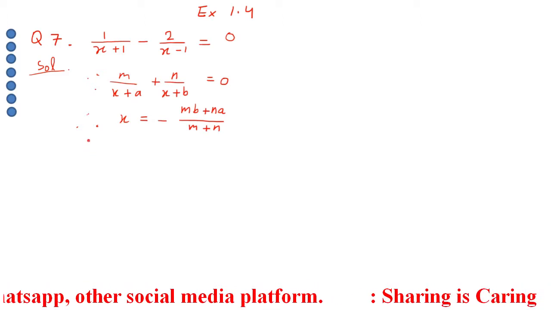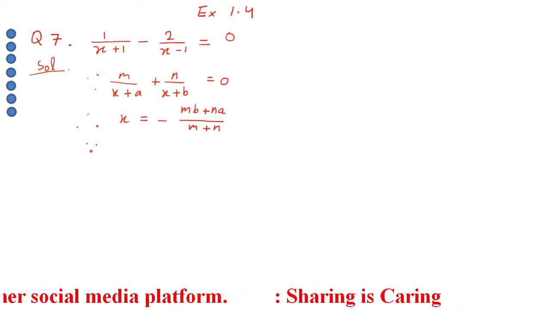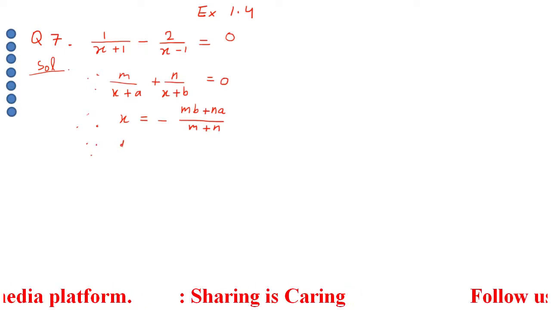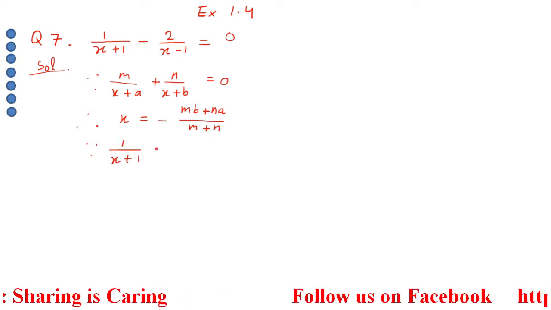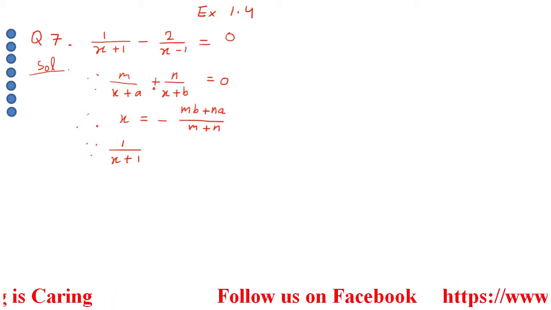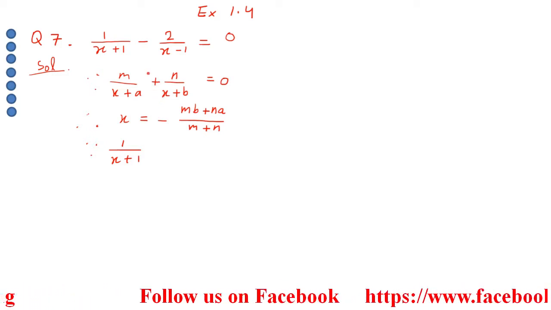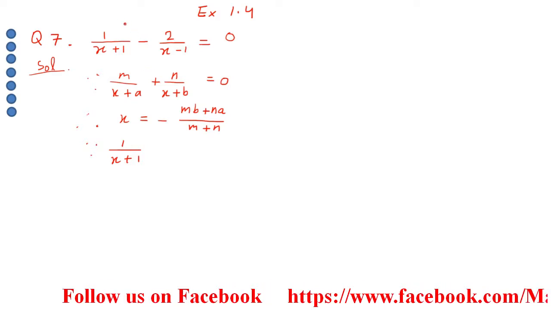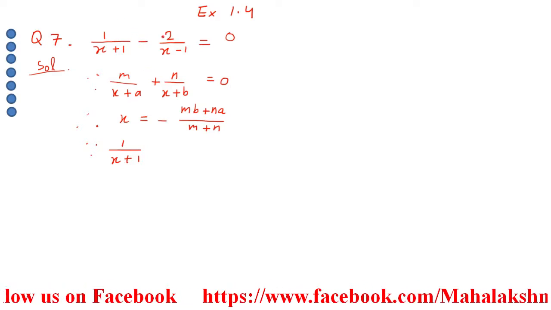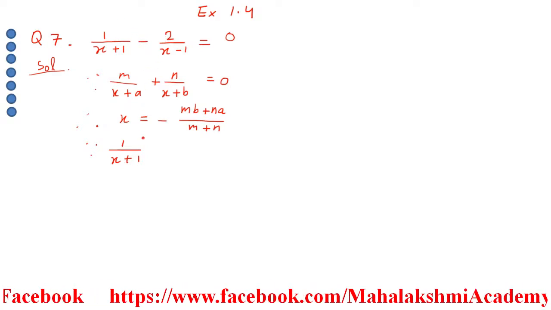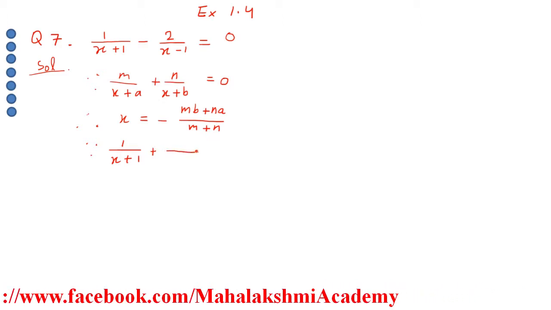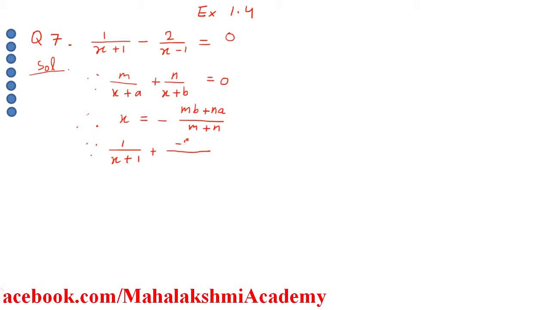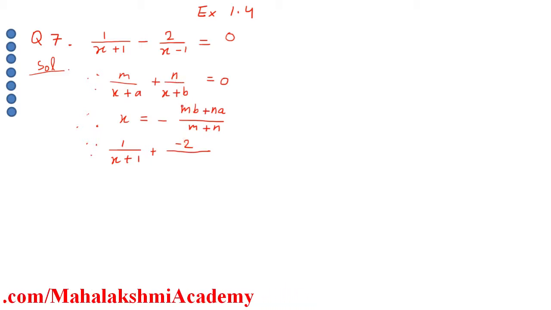So first we will write down the question here. What is the question available to us? The given question is 1 upon x plus 1, then since in the standard equation a plus sign is there, but we have a minus sign in the question, that's why this minus sign will go to this 2. So I am writing here like this, plus, and then just write the division line, then minus 2. So it's going to be our n.